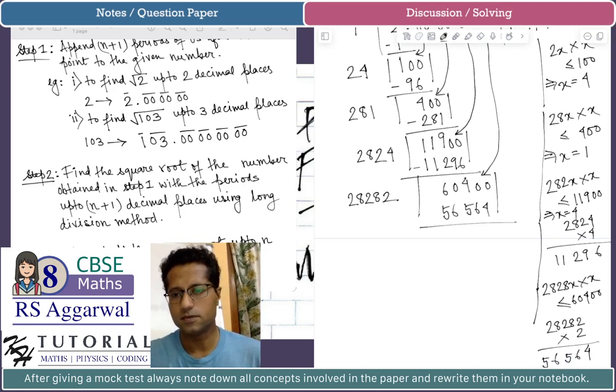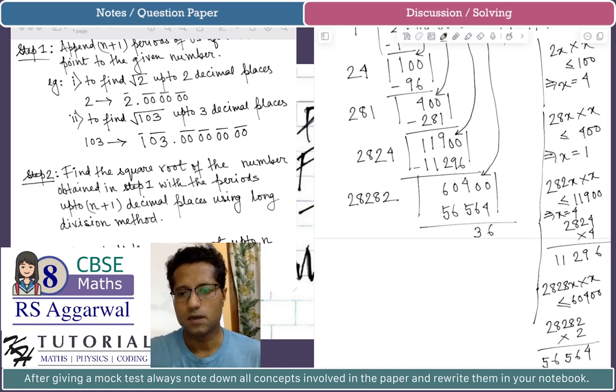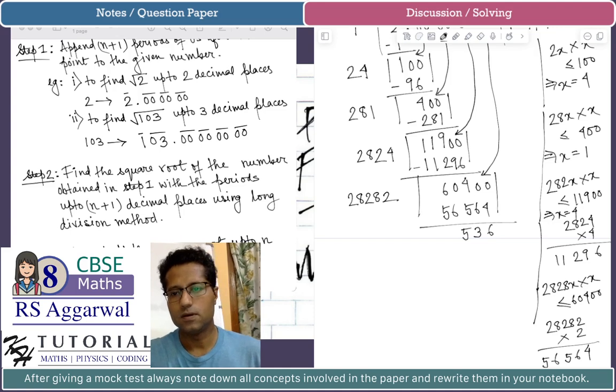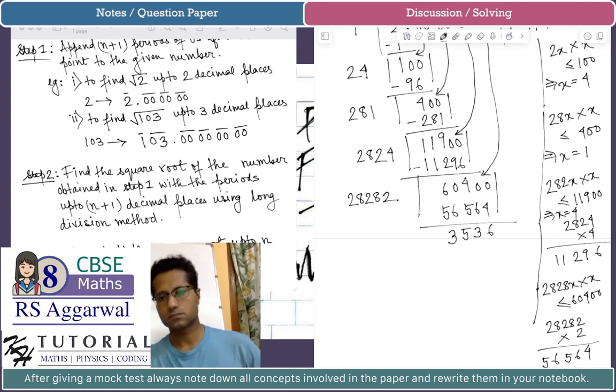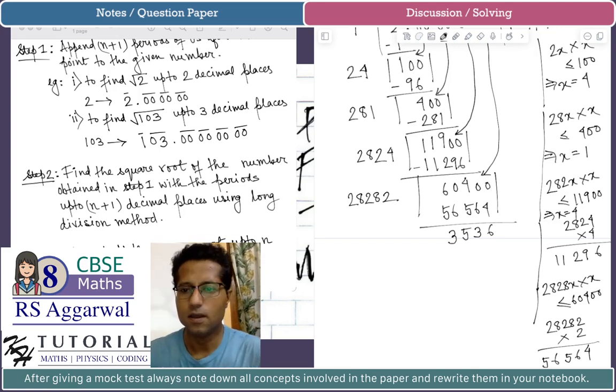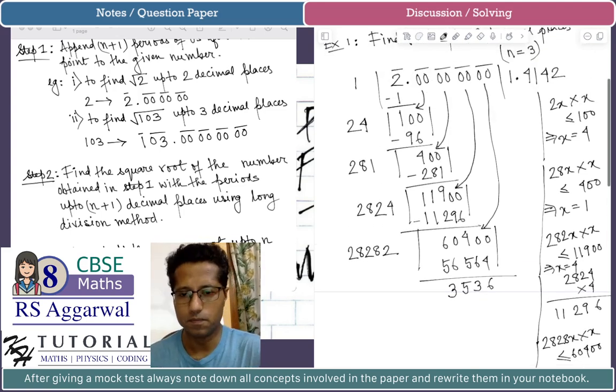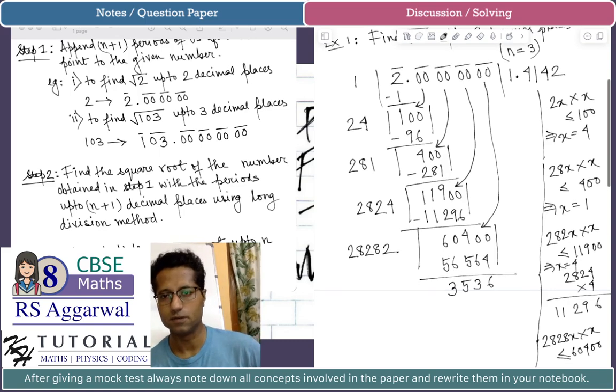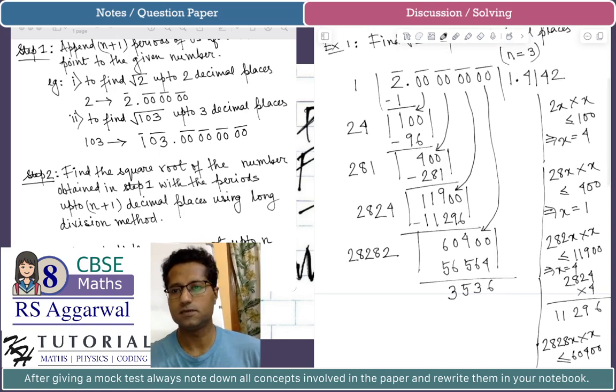The remainder is 635 3. Okay, so this is the remainder, but we do not have any more periods left, so we are done with the long division method.